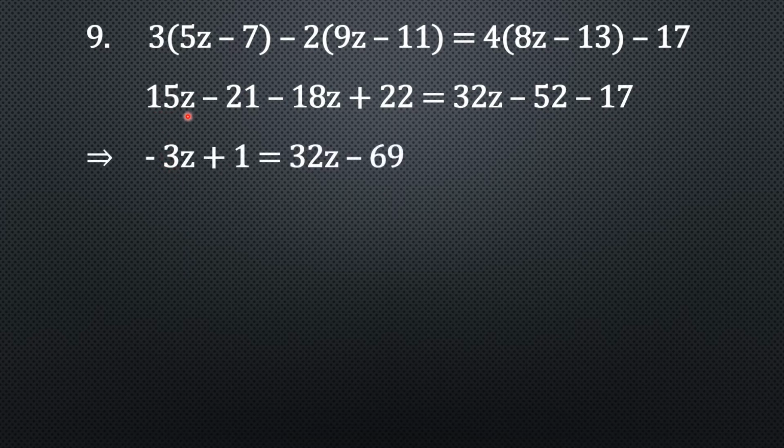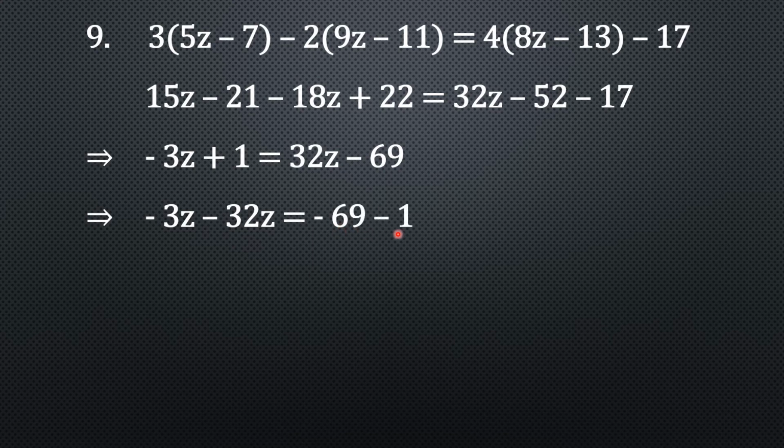So we have 15z minus 18z gives us minus 3z, plus 22 minus 21 gives us plus 1, equals 32z, 52 minus 17 becomes minus 69. Now we will shift this 32z to the left hand side. We get minus 3z minus 32z equals minus 69 minus 1.